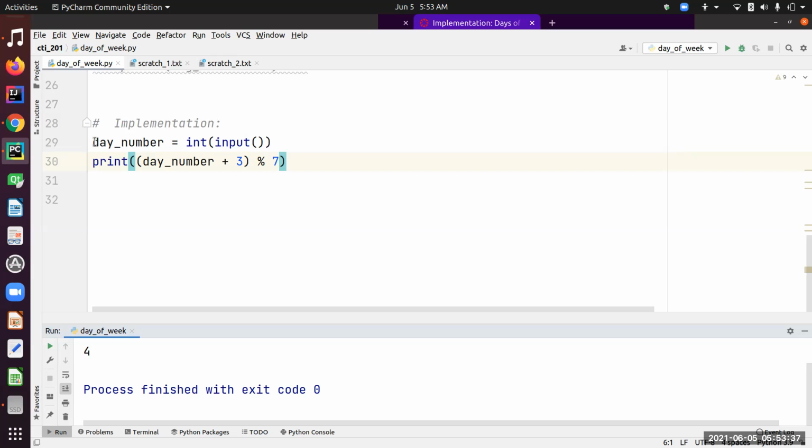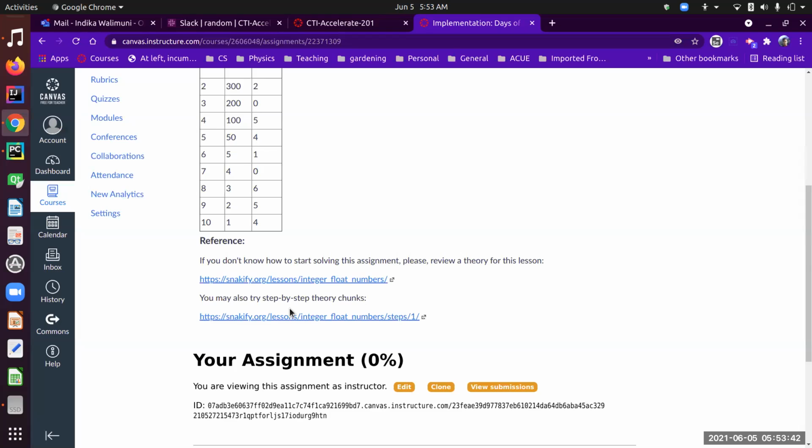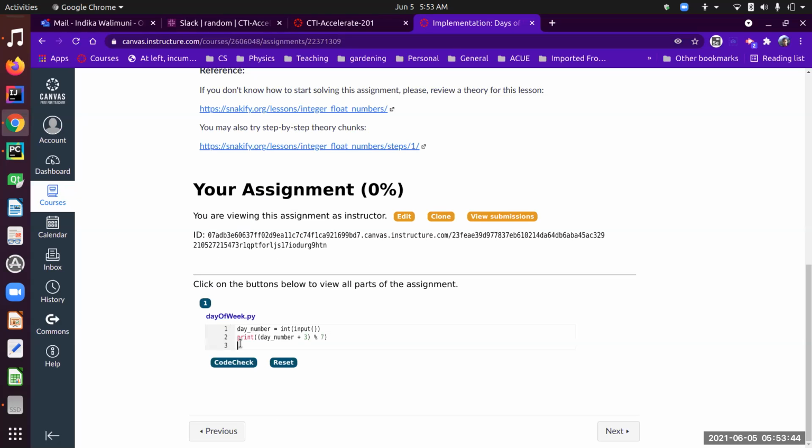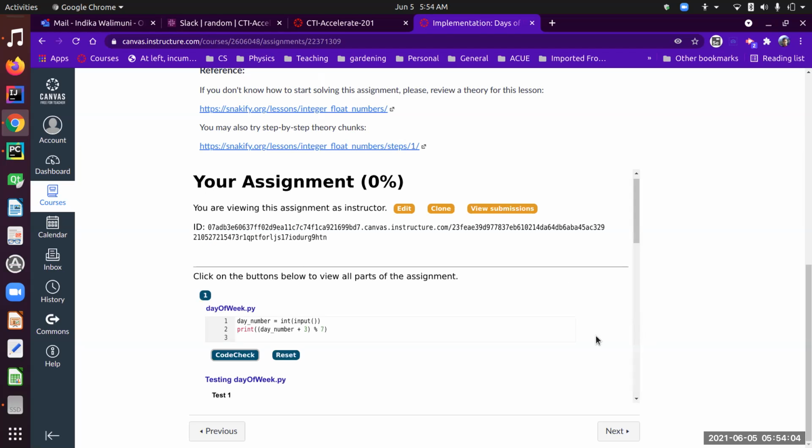I'm going to copy paste this code over here, paste, code check. Right, so all the tests passed. So there you go, solving the days of week problem using the UMPIRE technique.